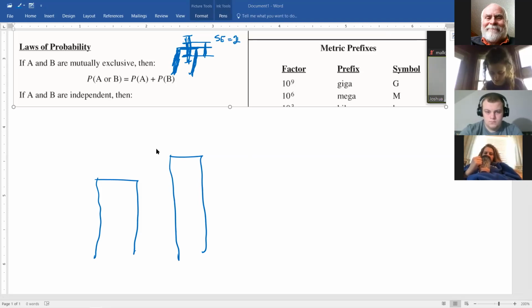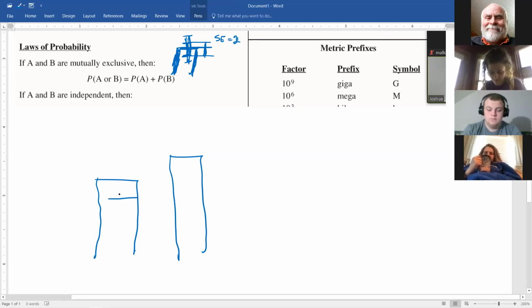But when we had error bars, is there a difference between those two bars on the graph?